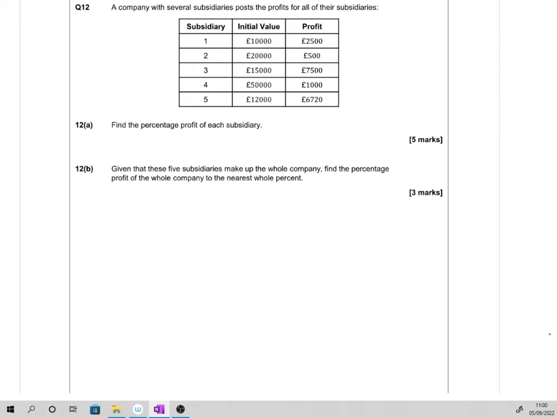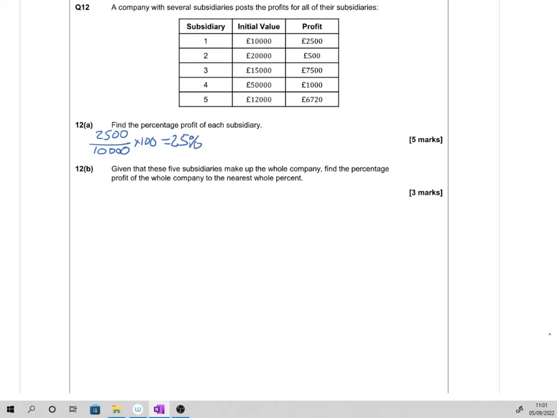For each one, profit 2500, times 100. So 2500 divided by 10,000 times 100 is 25%.